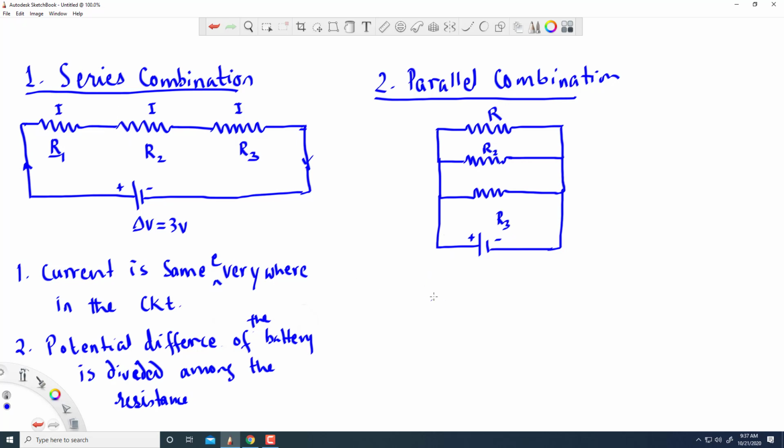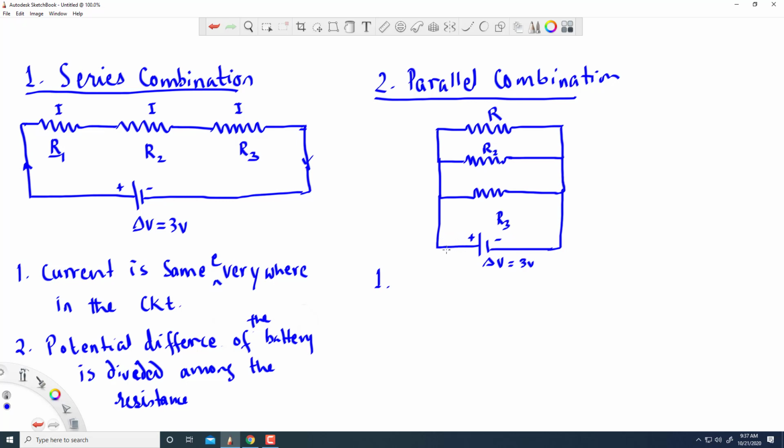Now, for the parallel combination, this battery has a potential difference, let us say delta V, for example 3 volts. It could be 5 volts, 7 volts, 10 volts, however many volts you want. This potential difference would be the same across all the resistors. Whenever things are in parallel, they will always have the same potential difference.